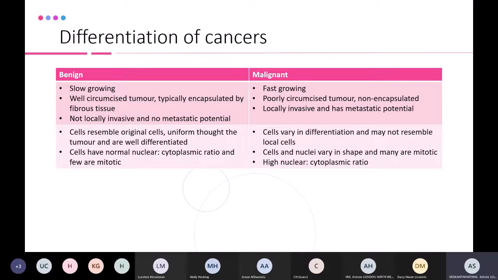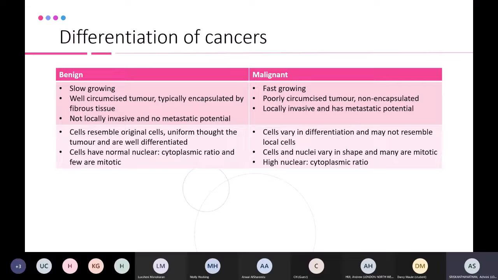Whereas in malignancy, the tumour itself will be fast growing, it's poorly circumscribed, not encapsulated, and it's invasive and has a much higher metastatic potential, especially because it can invade into surrounding tissue and into your bloodstream. The cells vary in their stage of differentiation, and they don't necessarily resemble their local tissue cells.